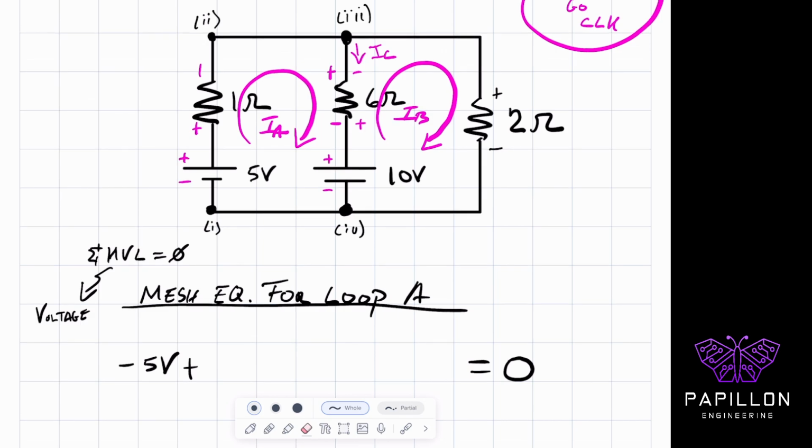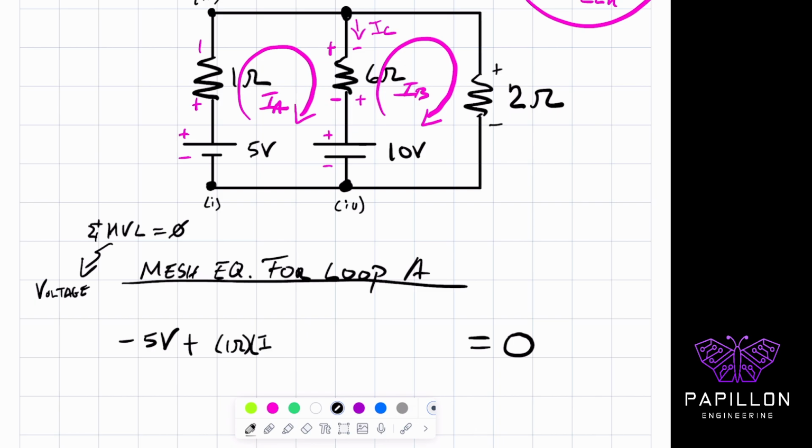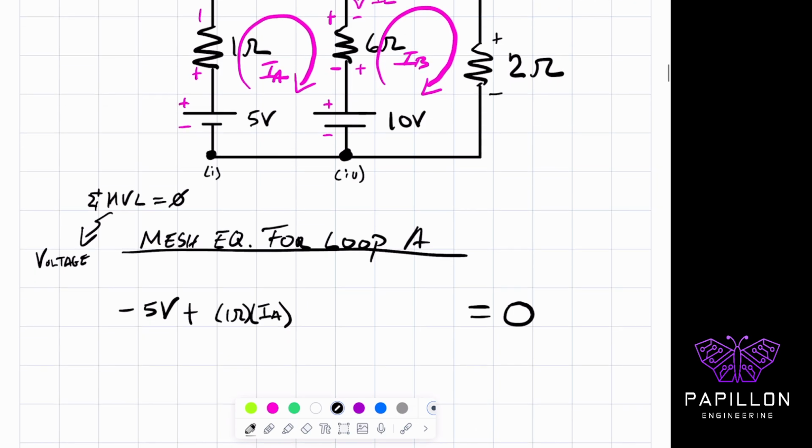In order to get a voltage, I have to take that 1 ohm and multiply it by IA. So a resistor times a current, this is my R times I. This is actually the same thing as me writing down the voltage of the 1 ohm resistor.